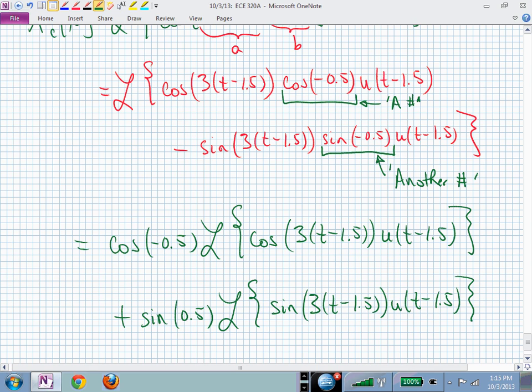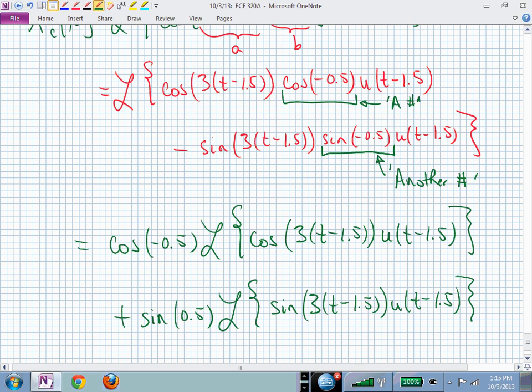Is it clear what I've just done? I've now eliminated that ugly delay mismatch with the switch delay, and now I simply have two Laplace transforms that look like my translation in time operation.